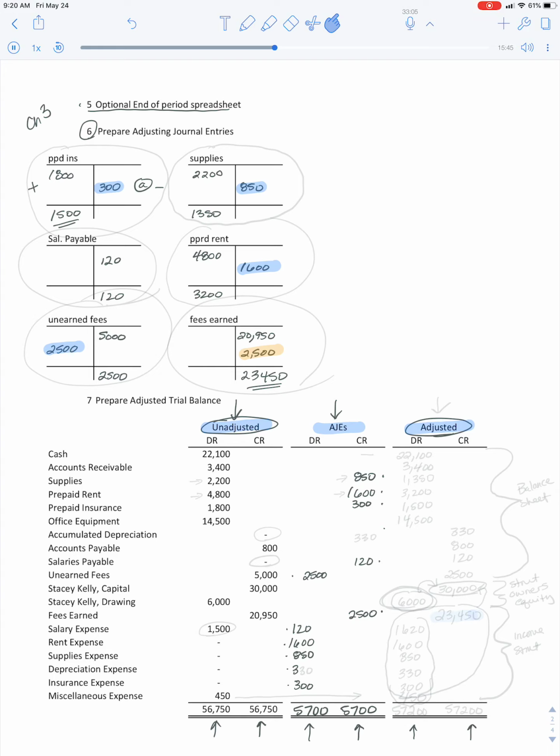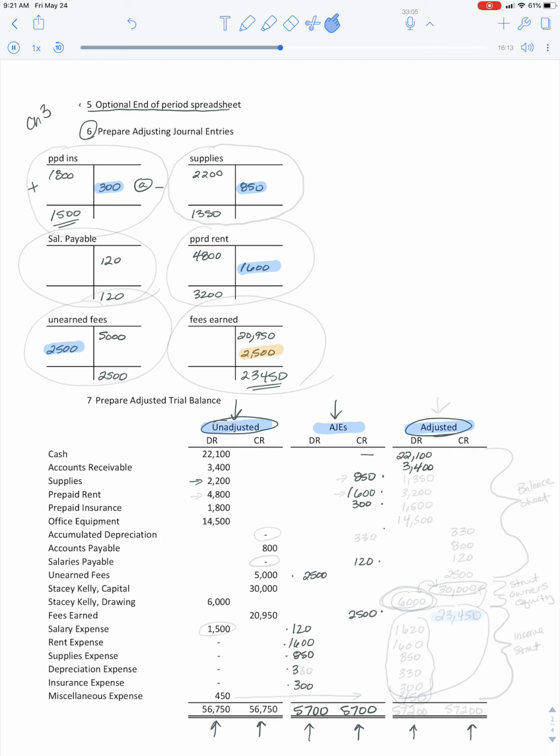So nothing happened to our cash, so it's going to stay at the same balance of $22,100. Accounts receivable as well, because we didn't make any adjustments to those accounts. Supplies, however, does have a new balance. So we started off with $2,200 debit, and we credited it for $850.